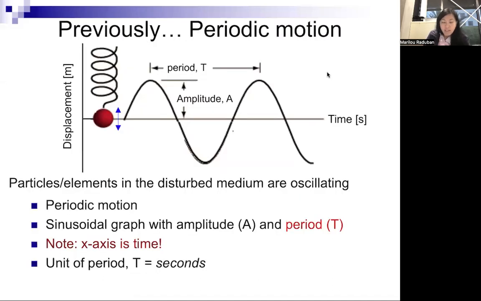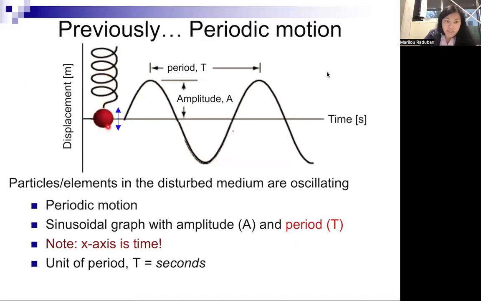Yeah, so as I've mentioned earlier, the wave is related to the simple harmonic motion that we talked about in the last lecture. So we've seen last time, you have, for example, a mass that's connected to a spring, and this mass is oscillating up and down.